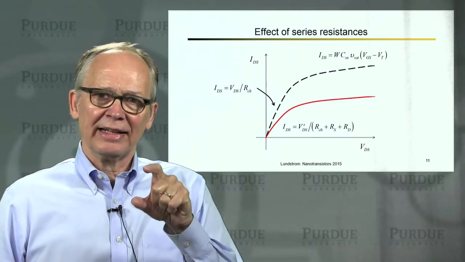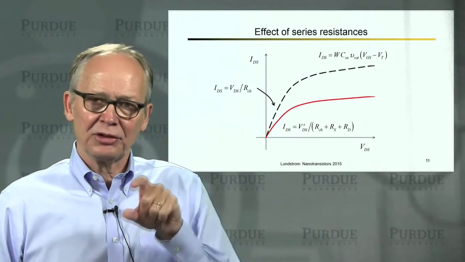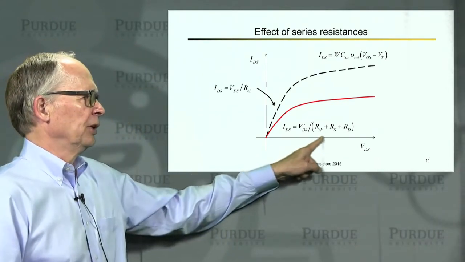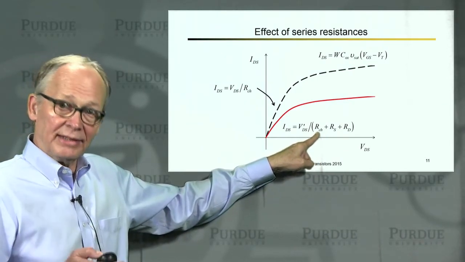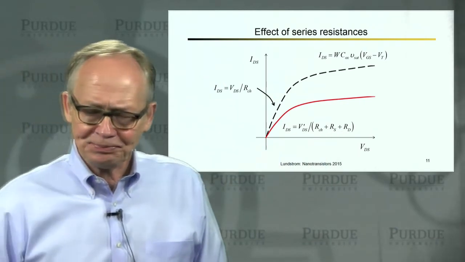This was there for the intrinsic transistor to begin with, but now we have a drain resistor and a source resistor in series with it. So the total resistance between the source and the drain is the resistance of the intrinsic transistor, which was in our model, plus these extra two resistors that are always there.